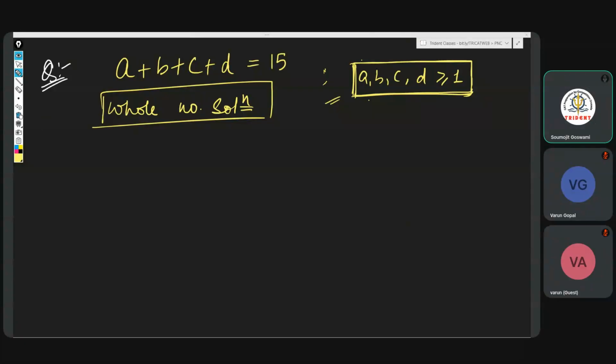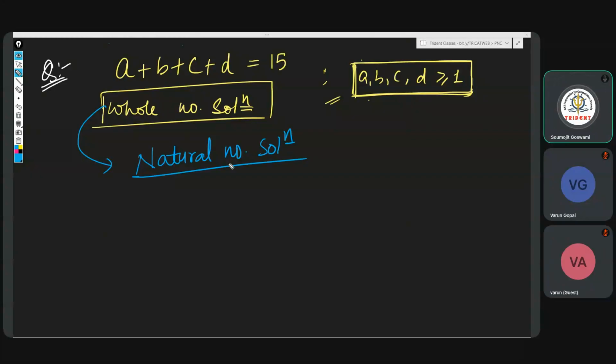Now, if you have understood anything in number theory, if 0 is not allowed, basically 15, 0, 0, 0 is not allowed. That means this question is a disguised question of asking you natural number solutions.